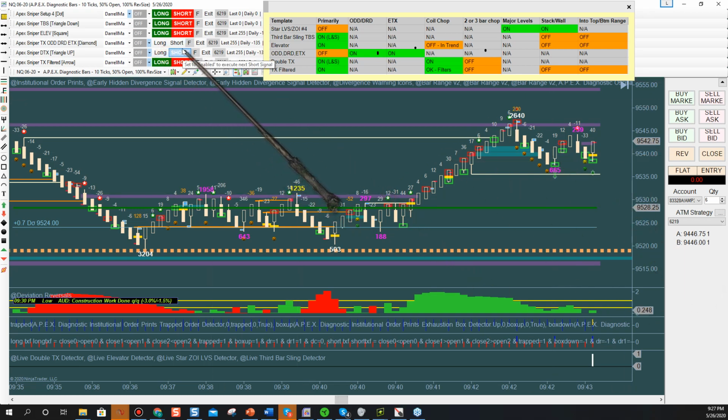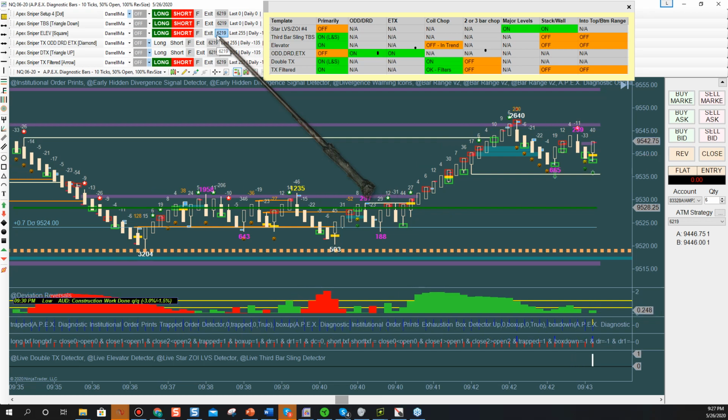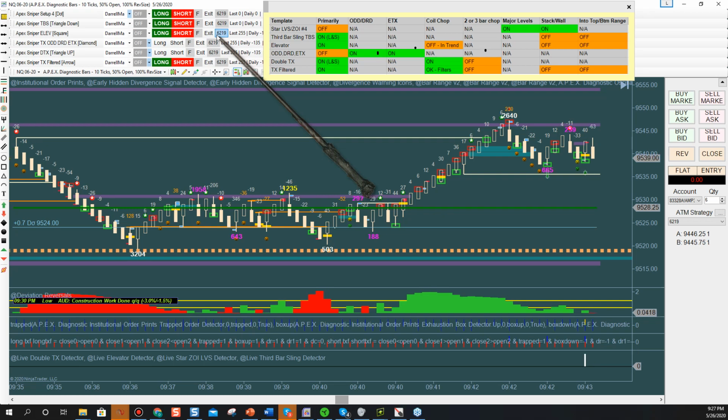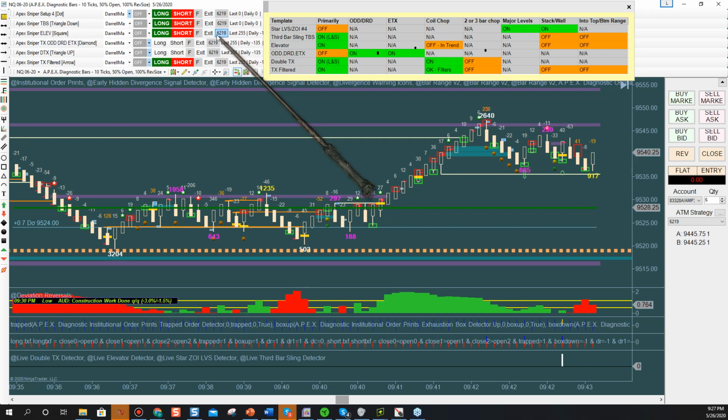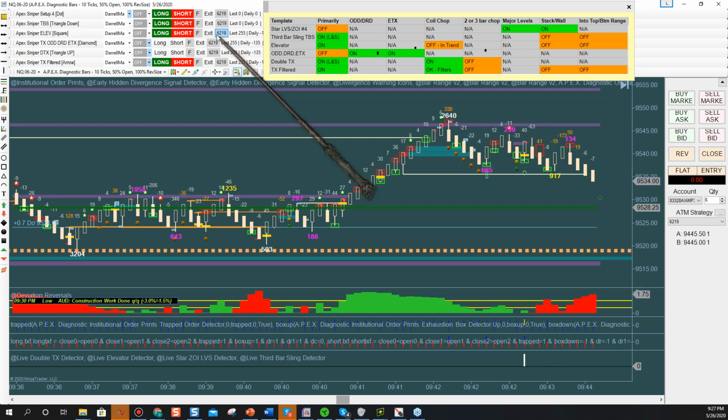So caution would say turn that off, right? Because that one wasn't just 2 bars. It was 3 bars, then 2 bars. So we're in 2 3-bar coil chop, which saved us some money. Still in it. Now we're out of it. Now we can turn it back on. We're no longer near a major stacker level. So we need to turn off our setup 4.